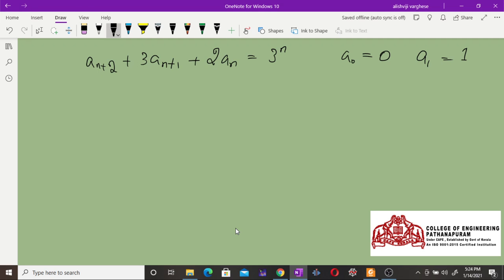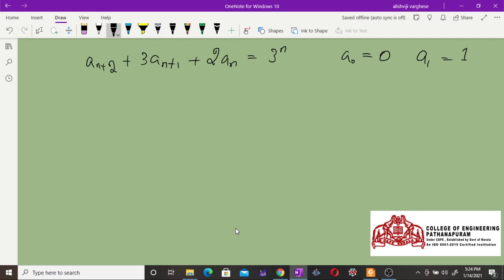So let's consider one more problem in which the recurrence relation is a_{n+2} plus 3 times a_{n+1} plus 2 times a_n is equal to 3 to the power n, with a0 is equal to 0 and a1 is equal to 1.